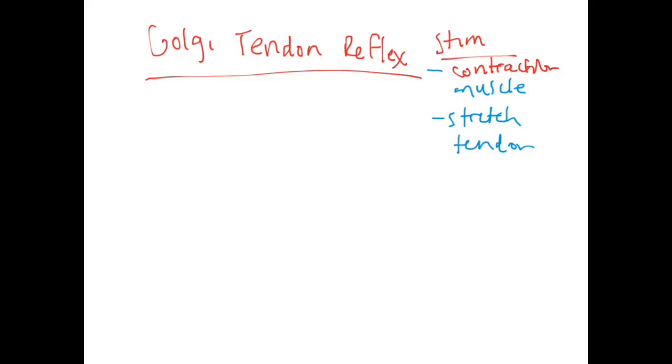All right. How is this going to work? So if we know that we're over-contracting, right? If we're over-contracting, then what is the opposite of contraction? Relaxation. So how this is going to work, we know that we have over-contraction of the muscle.